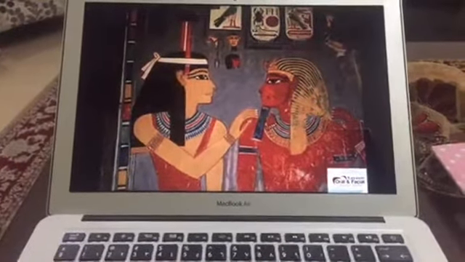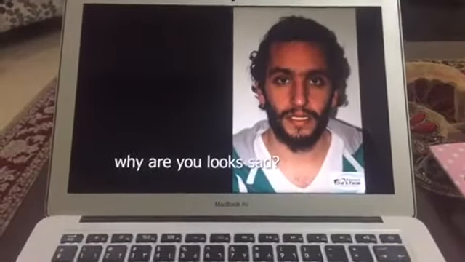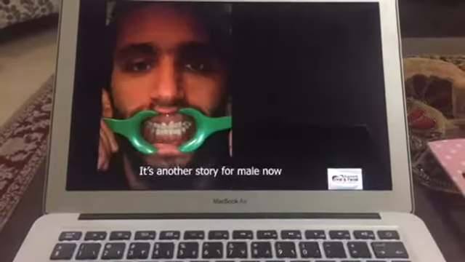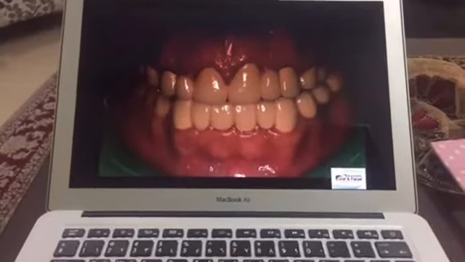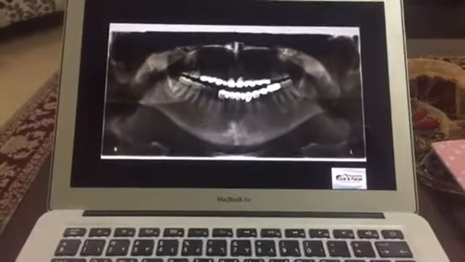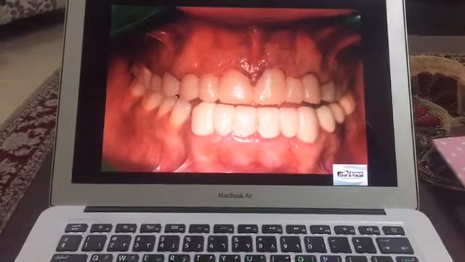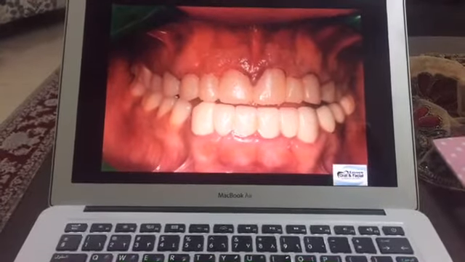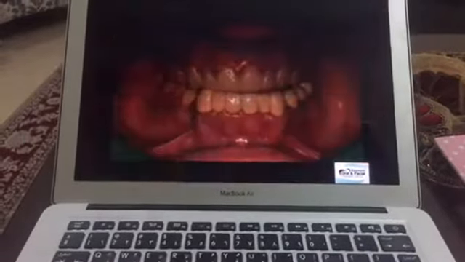As you see, this shows the difference between male and female in our cultures, in our Egyptian culture. Why does this person look sad? Because he has these crowns, this PFM. He has congenital missing upper lateral incisors. So we remove this bridge, inserting 2 dental implants, and my friend Dr. Muhammad makes these temporary crowns.